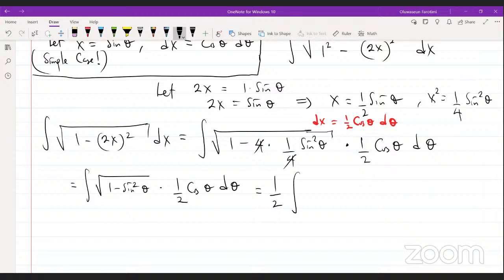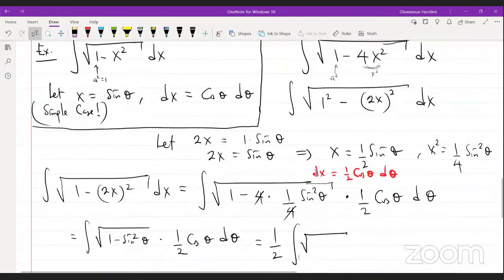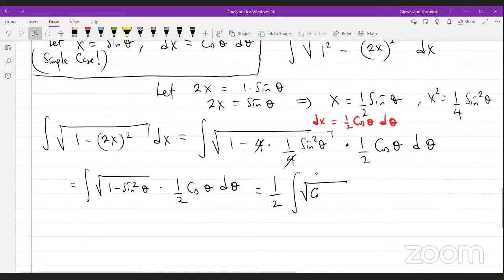Now, what is the identity, guys? 1 minus sine squared theta is just cosine squared of theta. So this is the square root of cosine squared of theta times cosine theta d theta.